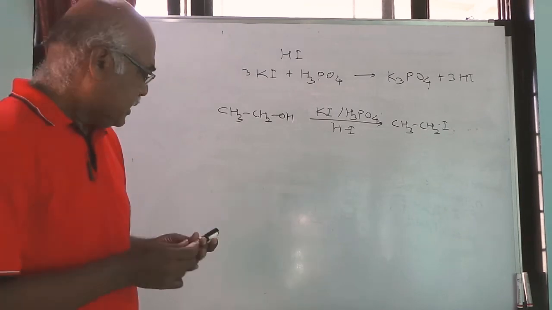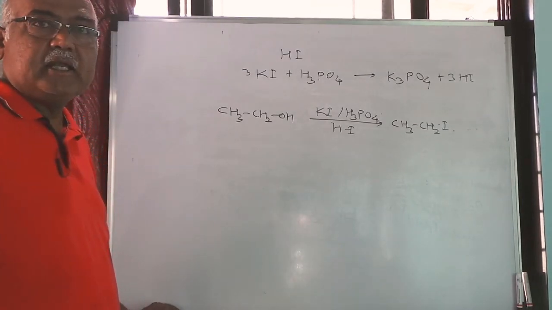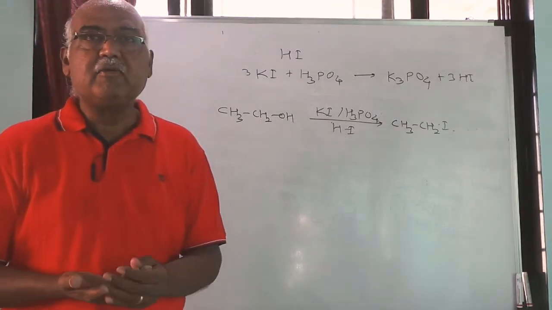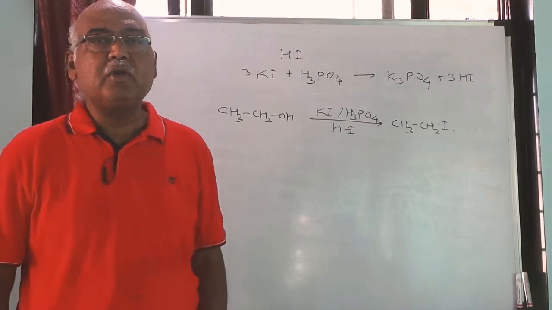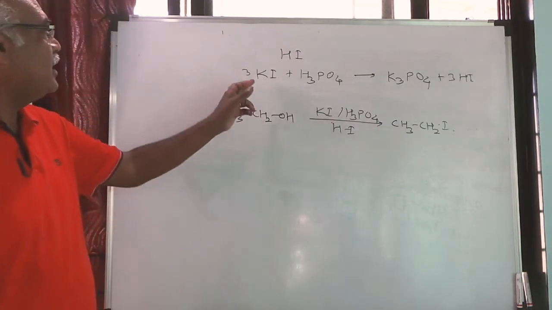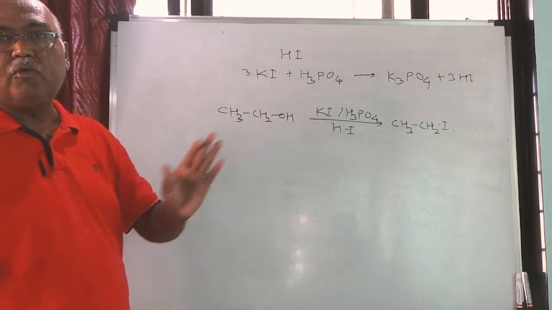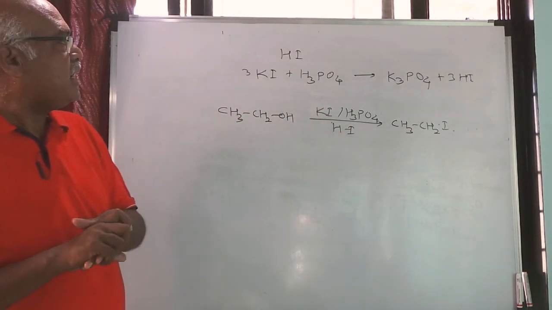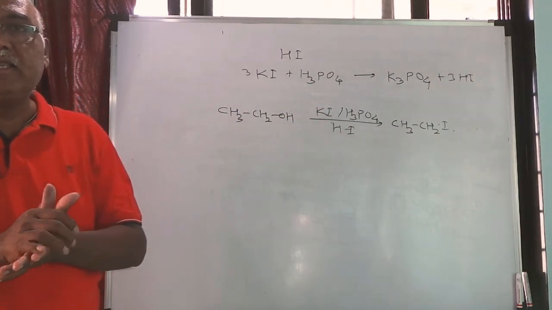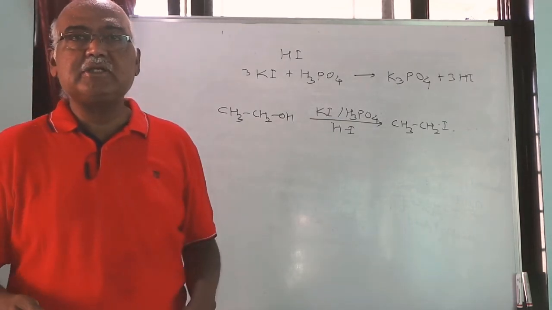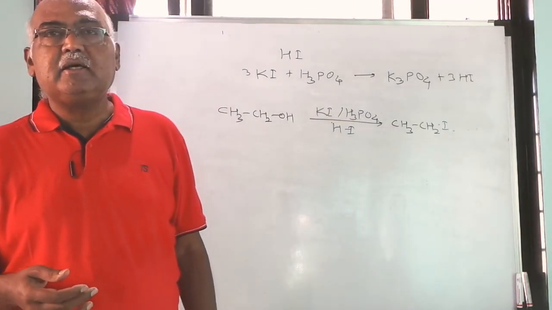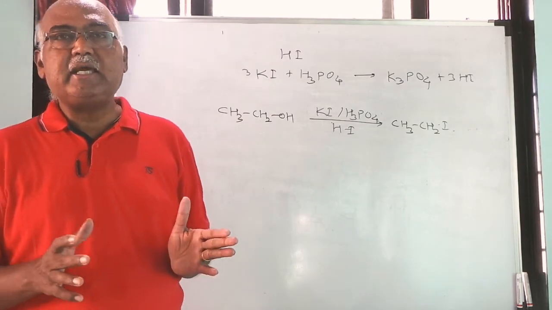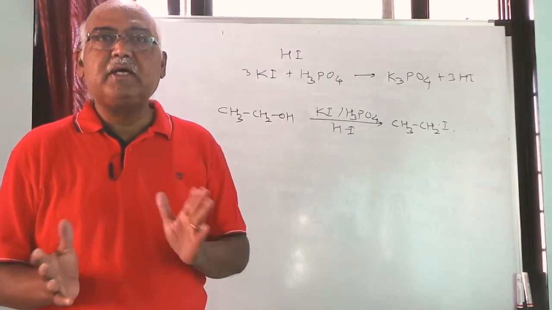So HCl you can directly take. For HBr we require NaBr and H2SO4, and for HI we require KI and H3PO4. This HI or HBr is prepared at the reaction site, and that is nothing but in situ. In situ means at the site of the reaction.